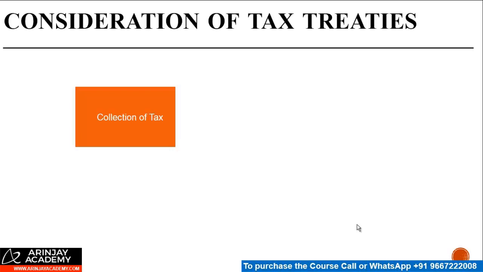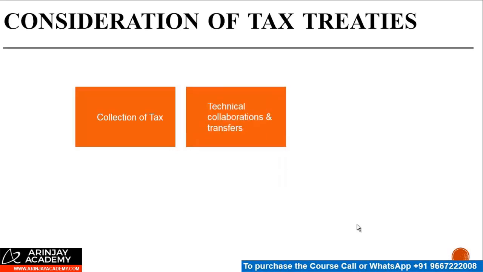It might just be that there is a non-resident who is deriving some income from India. It may not always be possible for the Indian government to collect the taxes from such a non-resident, because such a non-resident may not have any office or any other place of business in India. In such a case, if there is a tax treaty with the country where the non-resident is a resident, then by using the treaty mechanism, you can actually collect taxes from such a person.